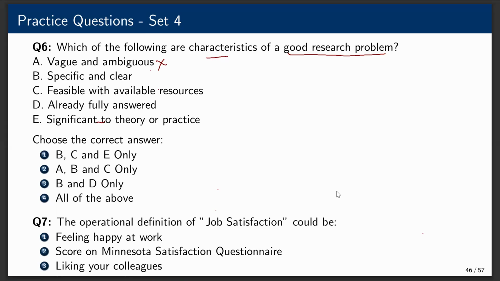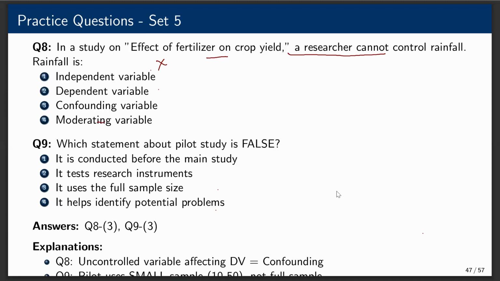Feeling happy at work. But operational definition, Ajay, again you are committing a mistake. Operational means where we can measure it. So basically score, right? Yeah, you are correct.